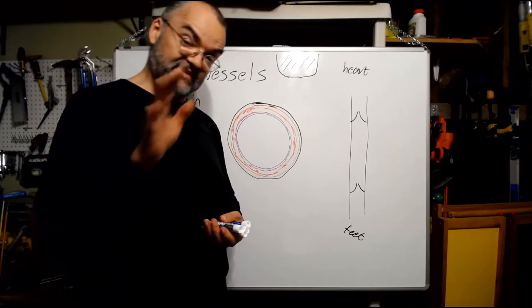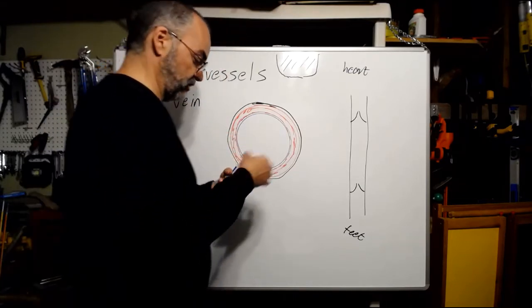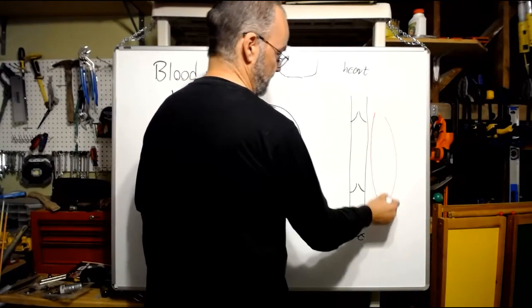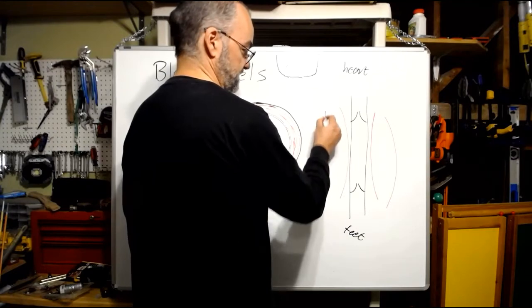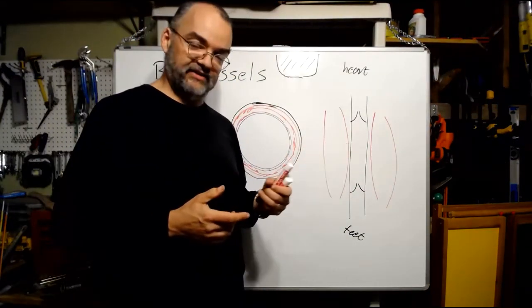One thing in veins that helps us move blood around is the fact that veins tend to be located near things like skeletal muscle. So let's imagine that we've got a couple of skeletal muscles around this vein.